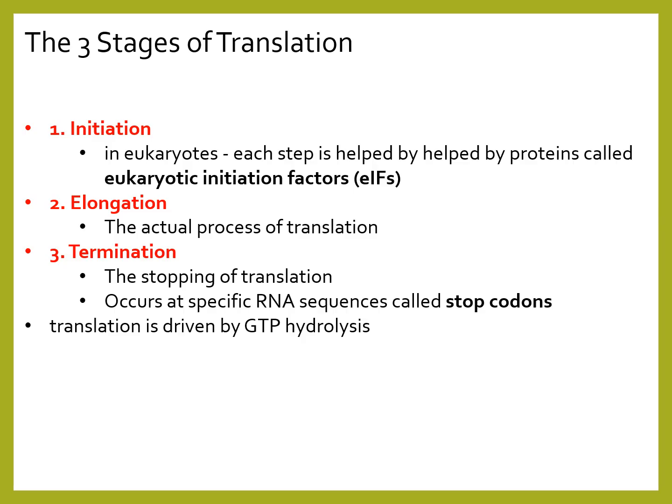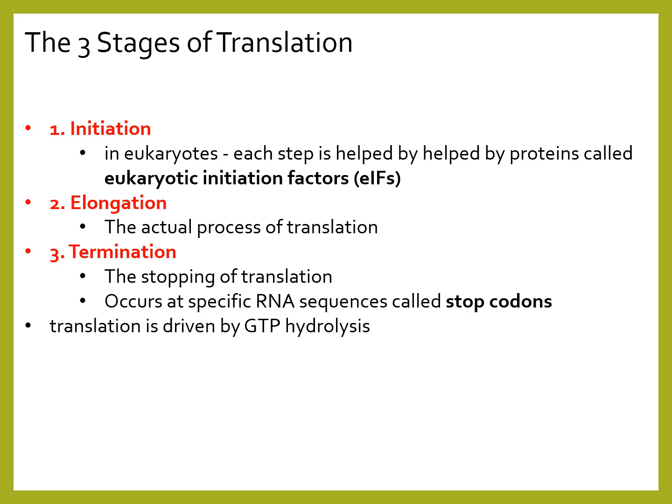In order to start translation, eukaryotic cells require small protein helpers called eukaryotic initiation factors. Just like in transcription, eukaryotic cells need proteins to help, and they were called transcription factors. In eukaryotes, translation needs little protein helpers, and we call them eukaryotic initiation factors.